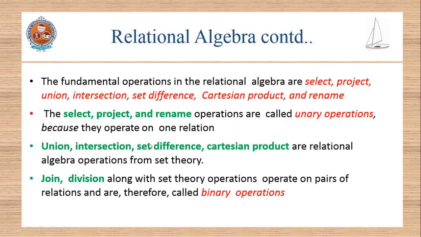Union, intersection, set difference, and Cartesian product are relational algebra operations that are taken from set theory. Join and division, along with the above said set theory operations, perform the operations on pairs of relations, and so they are called binary operations.